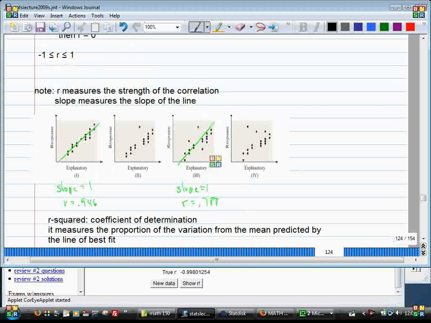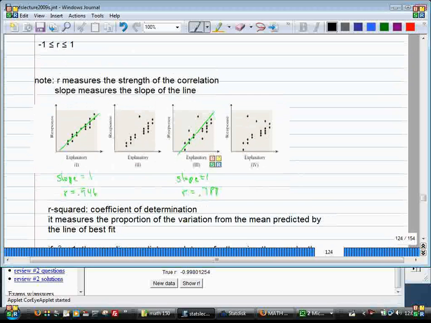Okay. But let's just notice some properties of R squared from what we know about R. If R squared equals 1, what does that tell you? If R squared is 1, then what was R? It was 1 or negative 1.